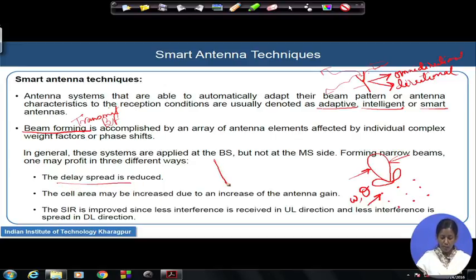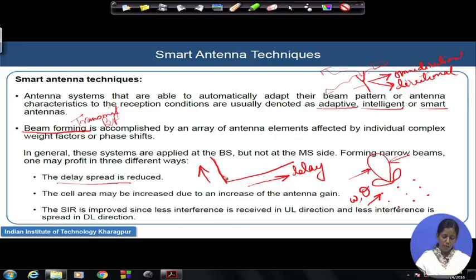If I see the power delay profile of a channel, it is basically how the power of the different multipaths is spread over the delay axis. We understand that the multipaths coming to the receiver from a wireless channel come like this.